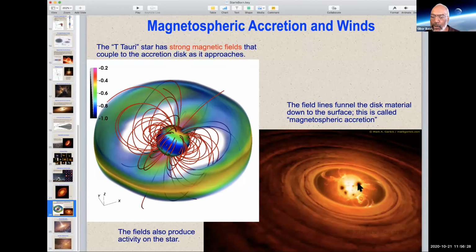So the dark spots are the star's magnetic field, and the bright spots are disk material falling through the star's magnetic field and hitting the surface. So we do see both kinds of spots on these very young stars, and then once the accretion stops, you only end up getting mostly dark spots.